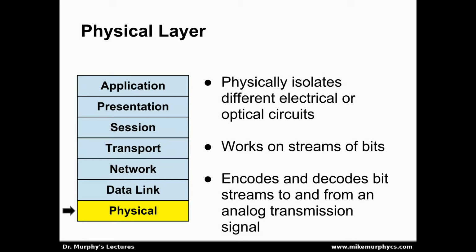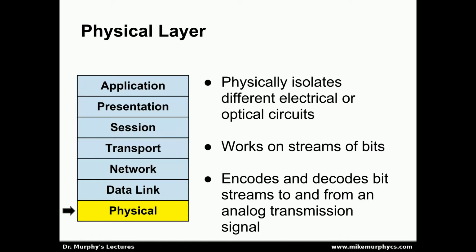An important purpose of the physical layer is to physically isolate different electrical or optical circuits from each other. This is important because without this type of isolation, a malfunctioning device attached to a network could prevent the entire network from operating. The physical layer works on streams of bits.